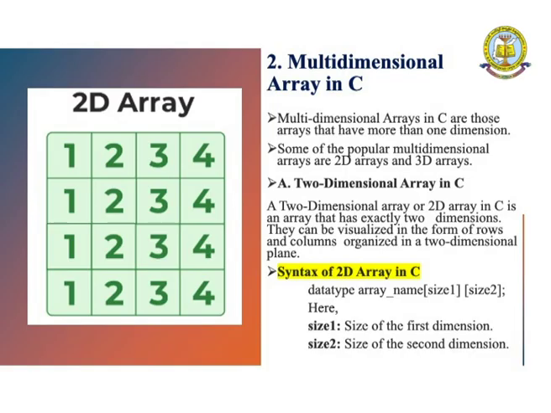In the same way, 3 and 4 are also represented in the third and fourth columns. Here you can observe that there are 4 rows and 4 columns, all are integers. You can write int a[4][4], the number of rows is 4 and the number of columns is 4. There are 2 sizes. This is an example of a 2D array.